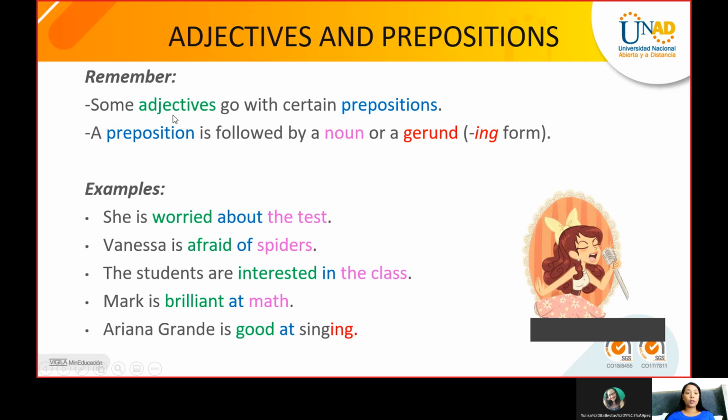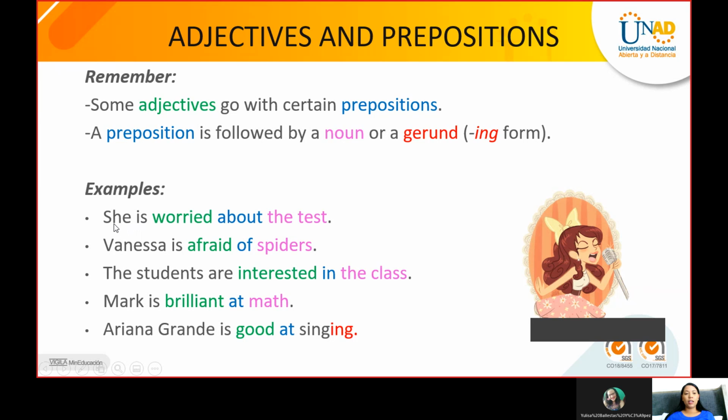The most important thing is to understand that some adjectives go with certain prepositions. The preposition that follows an adjective could be before a noun or a gerund. A gerund is a verb that ends in ing, right? No worries, I'll give you some examples to better understand.